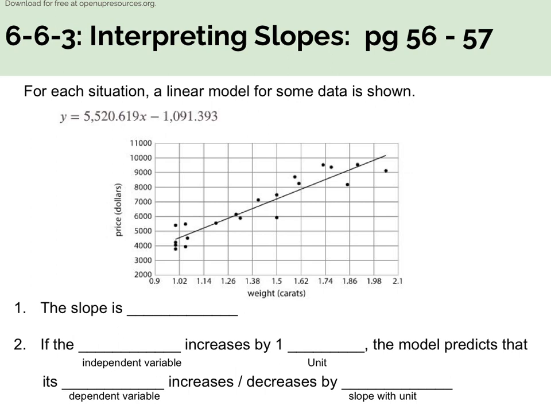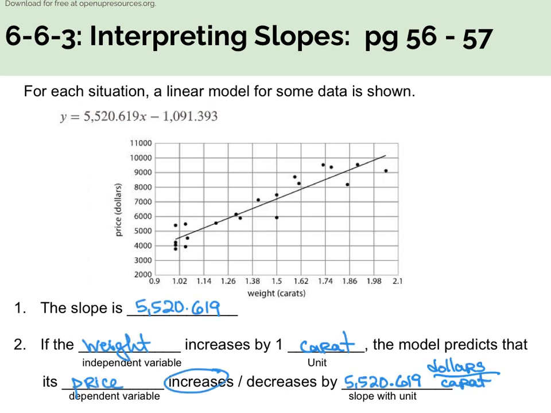All right, here is number 2. Go ahead and find your slope, fill in the information, and then let's talk about what is going on with the scatter plot and the line. So we have the slope is 5,520.619. If the weight increases by 1 carat, the model predicts that the price increases by $5,520.619 per carat.